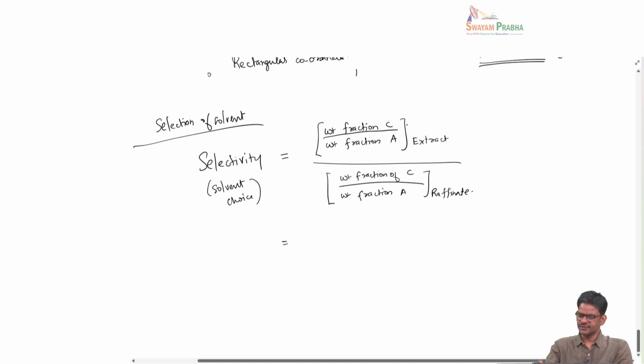The weight fraction of C in the extract is something that we denote as Y_E, and the weight fraction of C in the raffinate is something that we define as X. So this brings us to the weight fraction of A in the raffinate over the weight fraction of A in the extract.